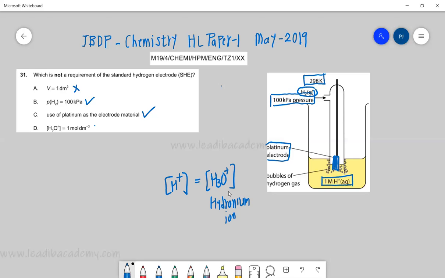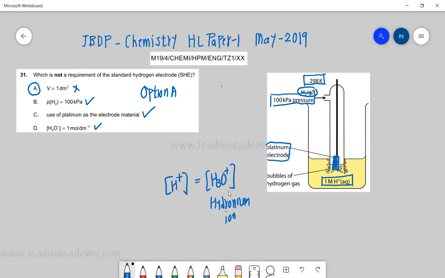This is also correct, and its concentration is 1 mole per dm cube, that means 1 molar. So all these three are conditions, but the volume is not. It doesn't say anything about the 1 dm cube volume. So the correct option is A.